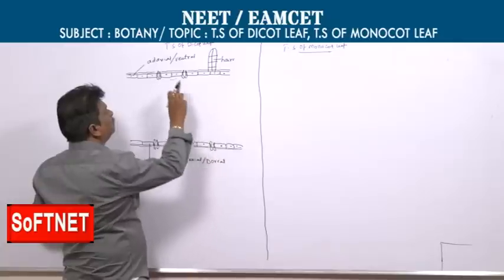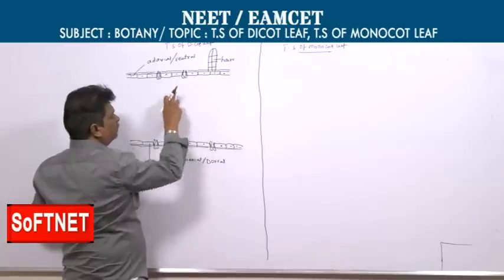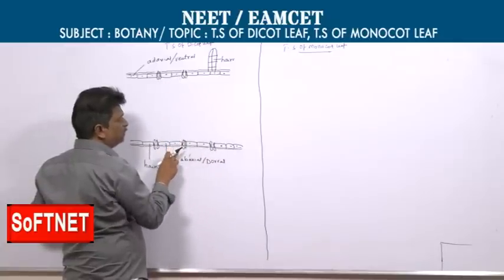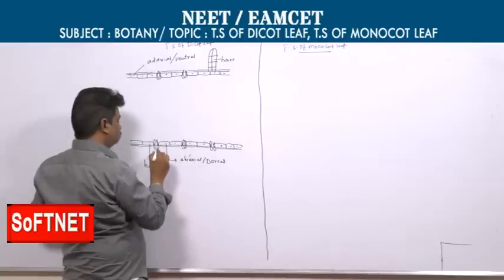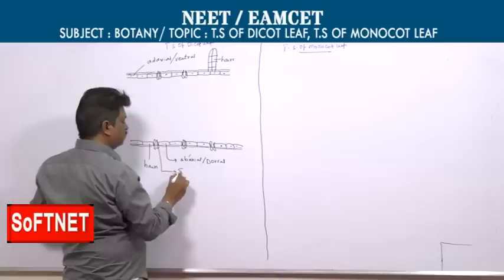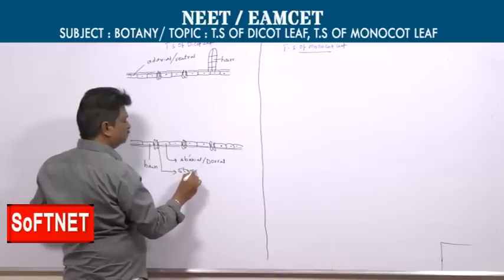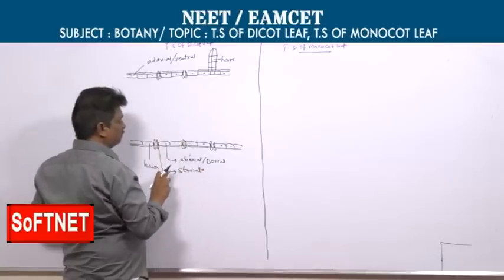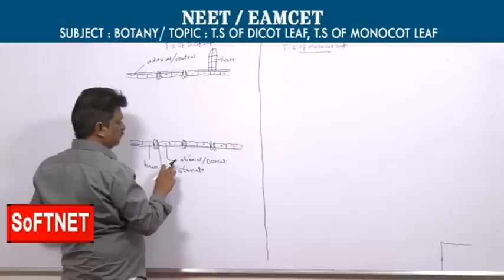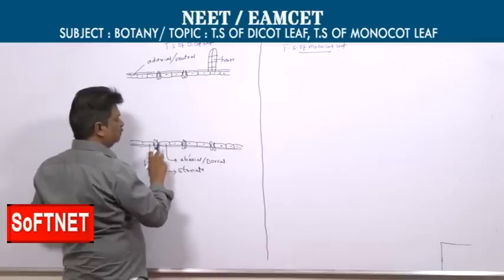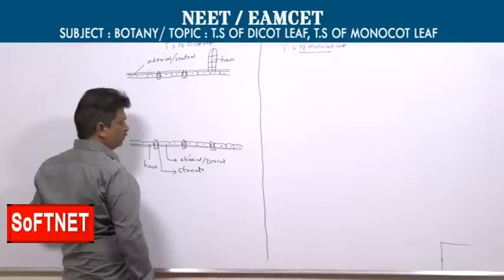Then stomata: both epidermises contain stomata, but stomata are unequally distributed compared to the upper epidermis. On the lower side, more stomata are present.